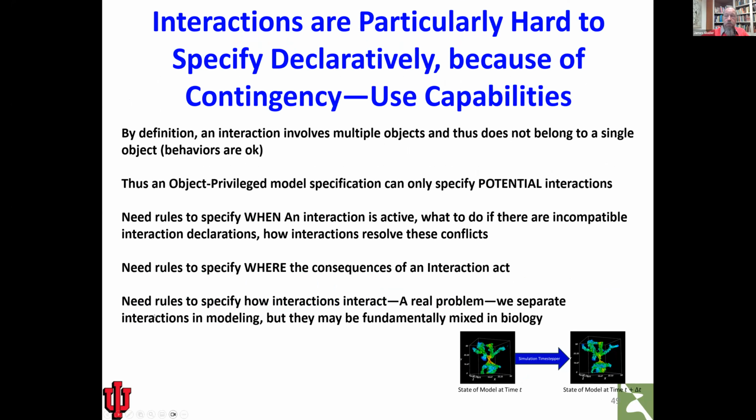You need something to deal with incompatible or clashing interaction declarations if you're going to be able to pull from a library. That's also not so easy. You have to have a set of basic spatial relations: what the sphere of influence of a particular process is, where the consequences of an interaction activate. And it's not so easy to do this in a consistent way.